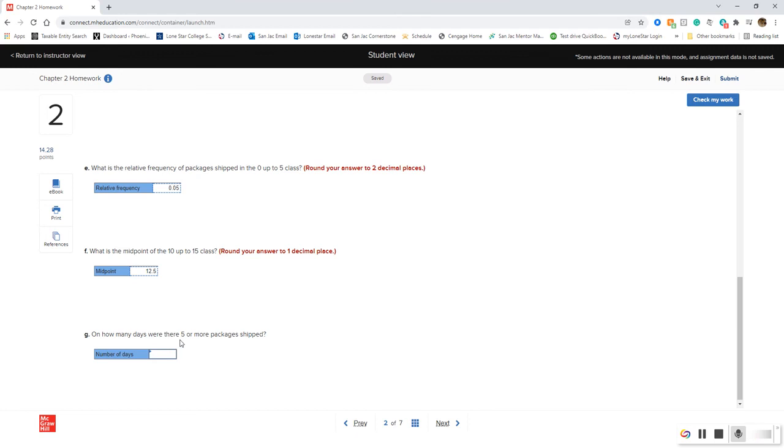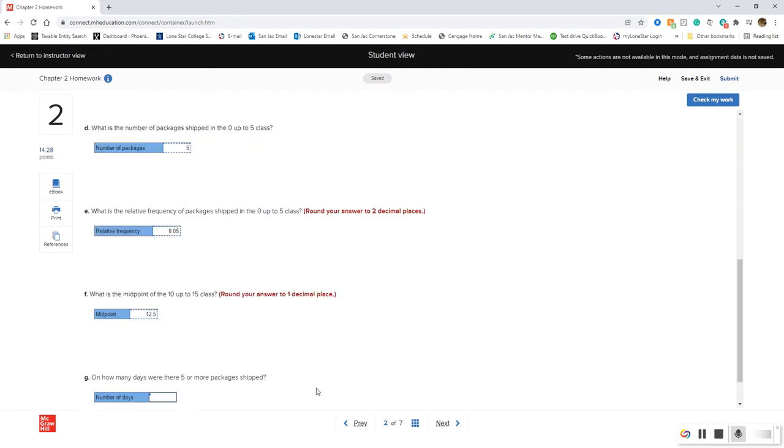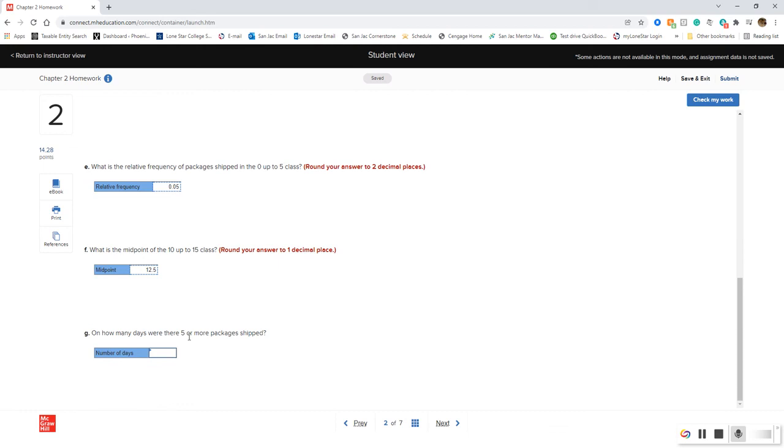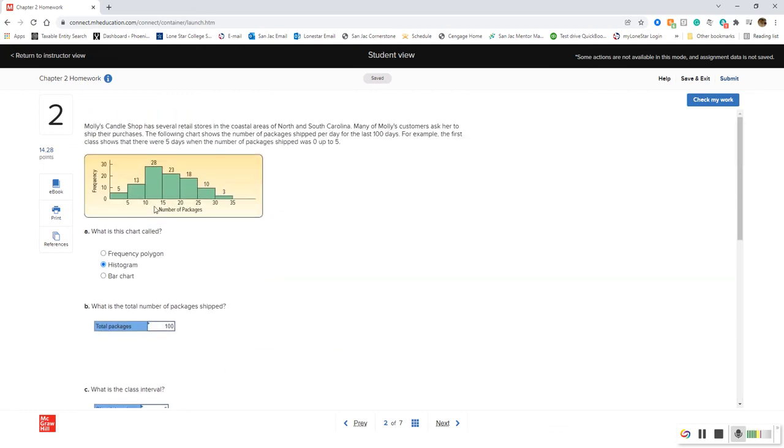On how many days were there 5 or more packages shipped? So it actually says 5 or more. Well, 5, 10, 15, 20, 25, 30.